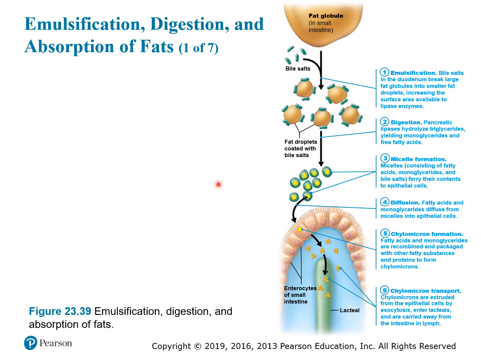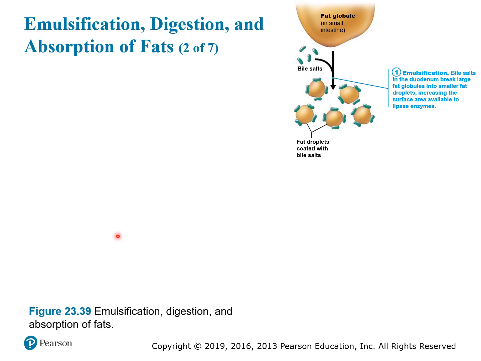All right, so this is again that in the visual form. Let's go over it again. So this is a big fat globule, right? Triglyceride. It has come in the intestinal lumen, and now the bile salts attach to this thing, and they break it into smaller globules.